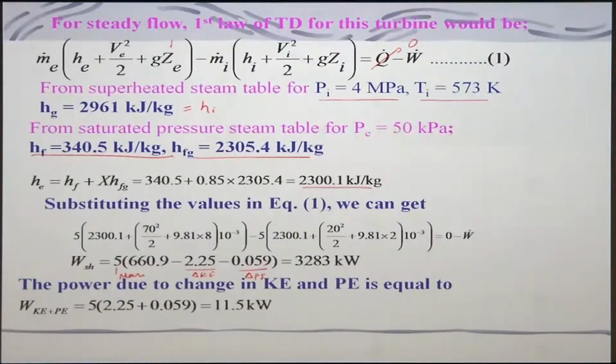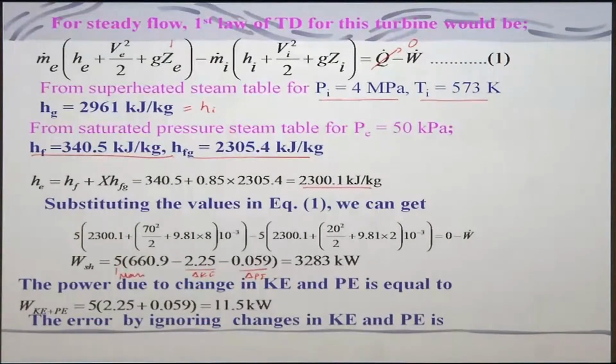The percentage error is 11.5 divided by 3283 into 100, which amounts to something like 0.35 percent, which is negligibly small.